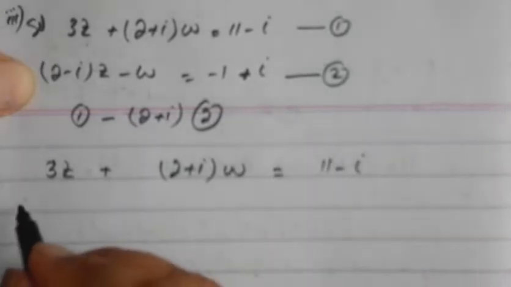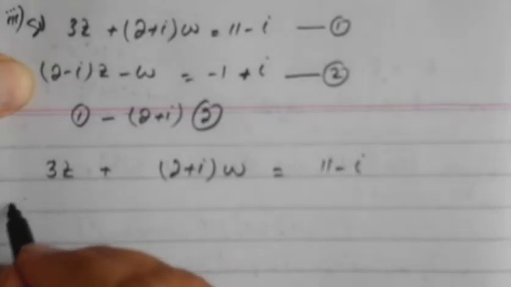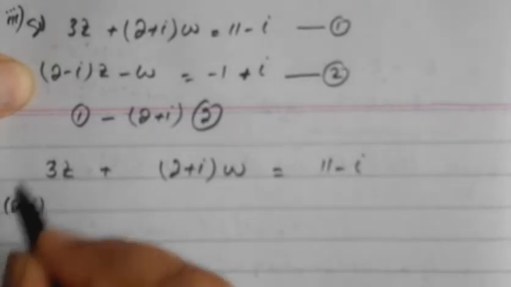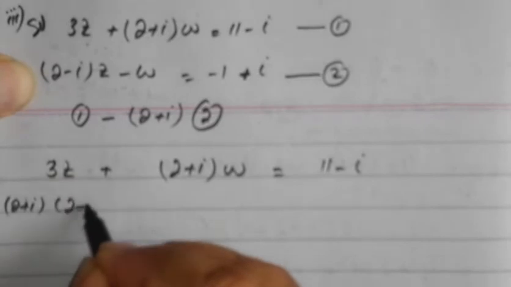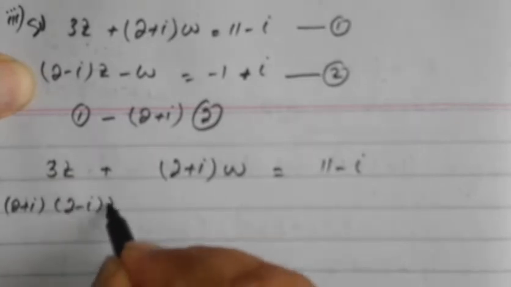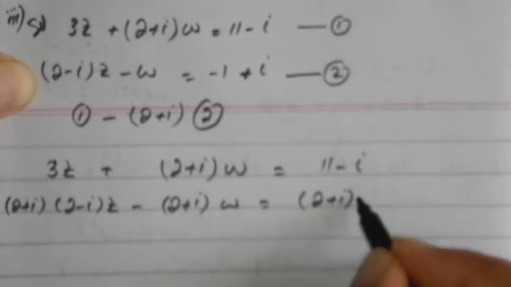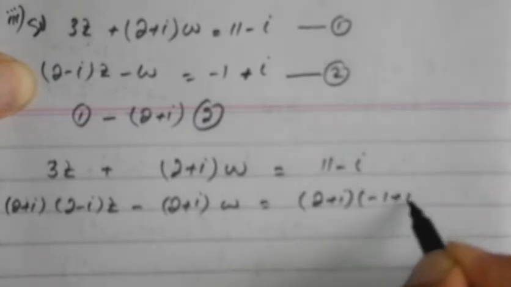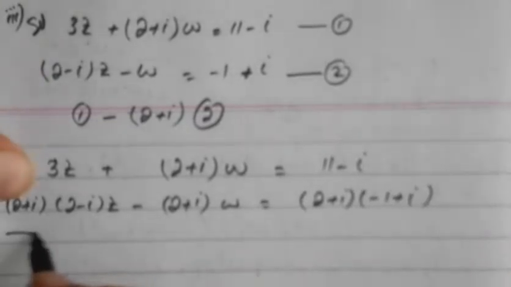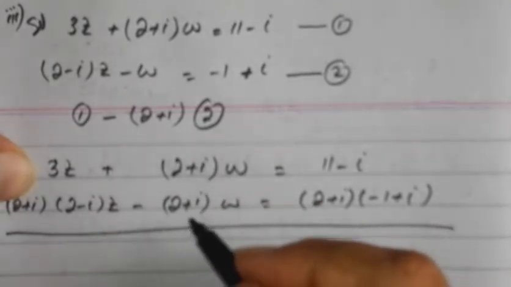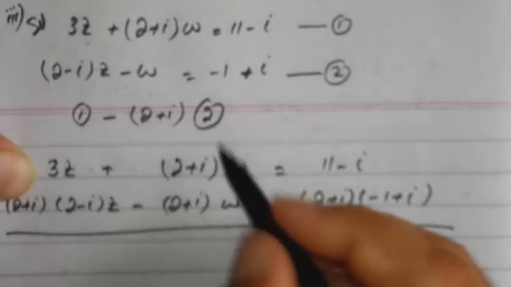Now multiply this with 2 + i. So (2 + i)(2 - i)z - (2 + i)w = (2 + i)(-1 + i). Add these two according to the condition above.